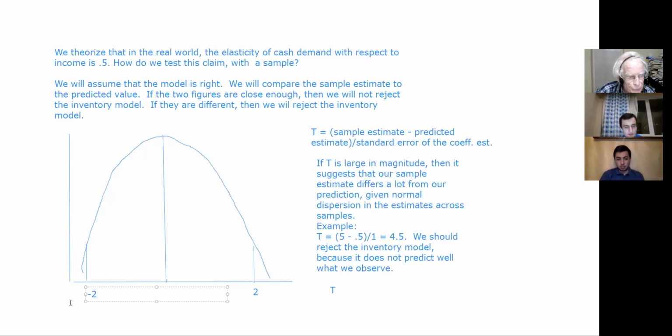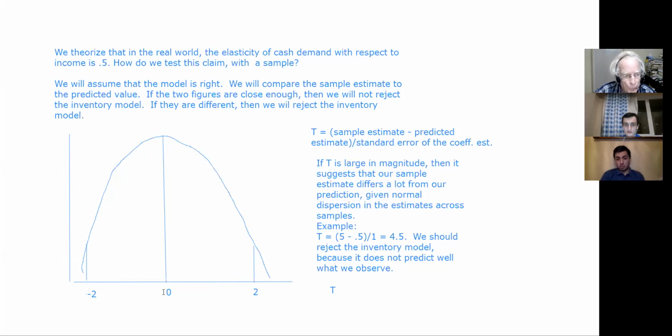In that case, the observed value differs so much from 0 that we would have to reject the inventory model because we are very unlikely to observe a value of 2 or greater in magnitude if the inventory model is correct.